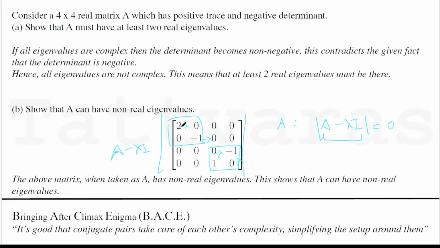Now notice, if you start computing the determinant from here, you get 2 minus lambda times the remaining structure. In this matrix, it's just minus 1 minus lambda. Then you have to compute the remaining structure's determinant, 2 by 2 over here. And that's product of this and this minus product of this and this, which is lambda square plus what? And when you equate it to 0, you get all the eigenvalues.